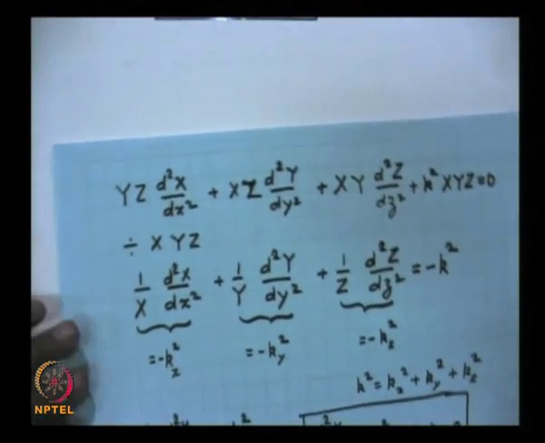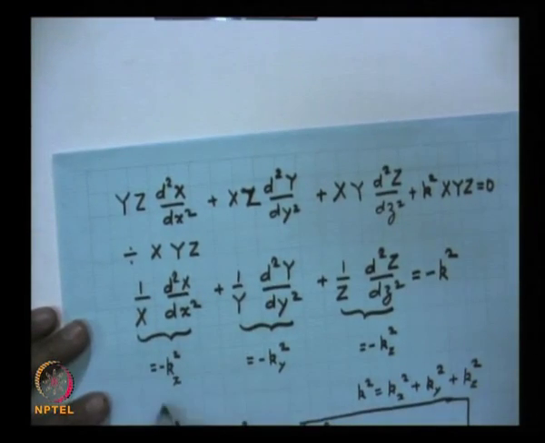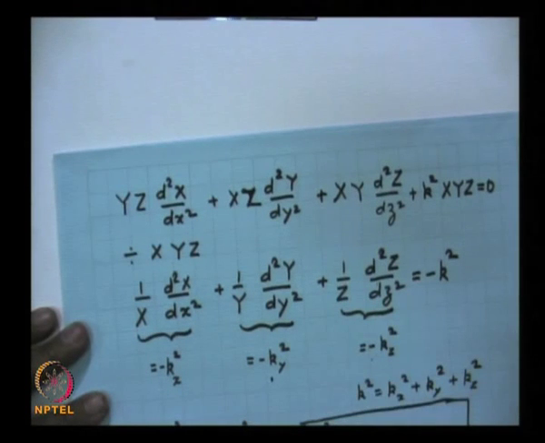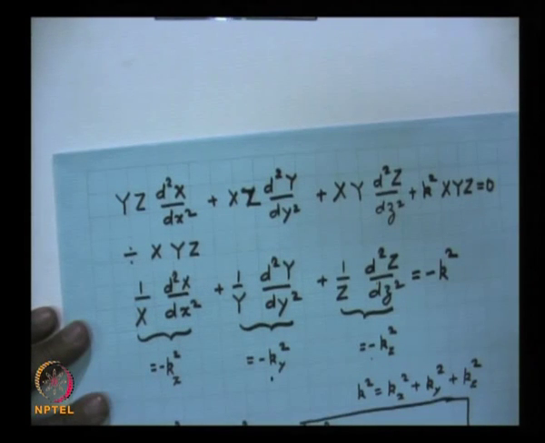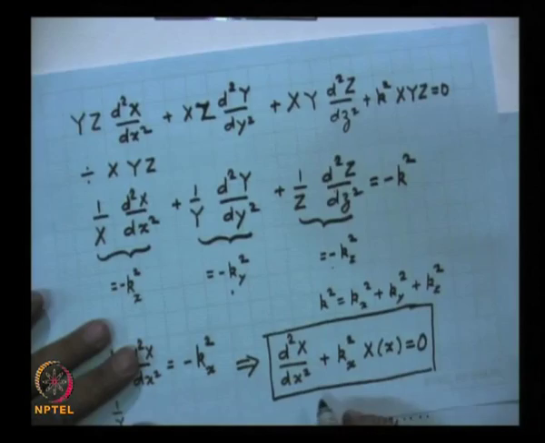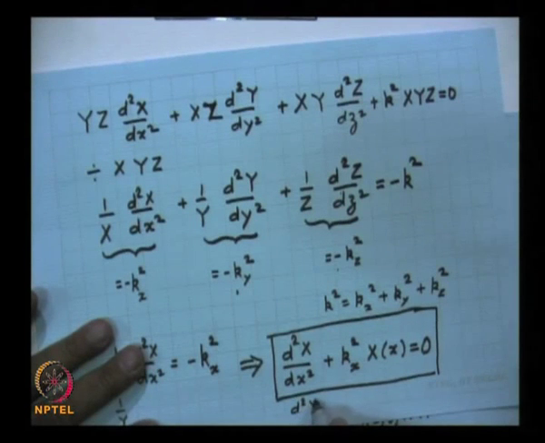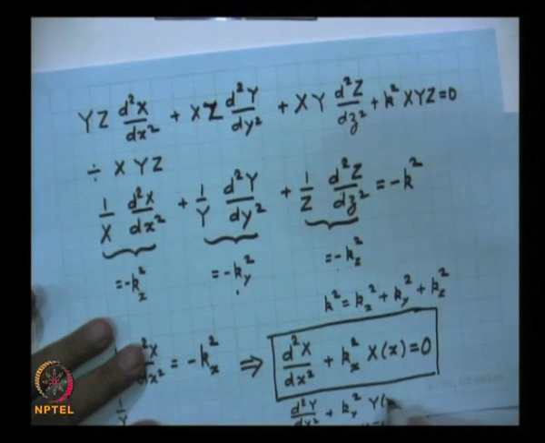Similarly, I can solve this equation, because the y equation is 1 over Y d2Y by dy square is equal to minus k y square. That will lead to the equation d2Y by dy square plus k y square Y of y is equal to 0.